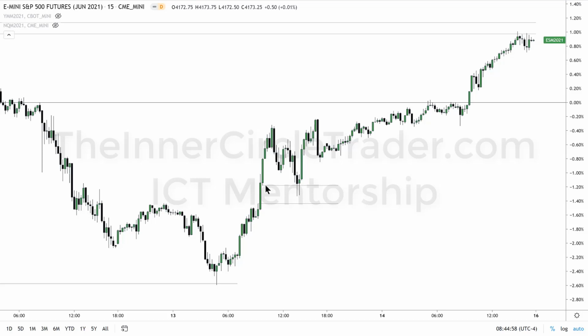Now, when there is an imbalance like this, it creates what is referred to by the old timers in the open outcry pits, before I was even born, okay, they always looked at their charts and they noted this as a price vacuum. That was inefficient.